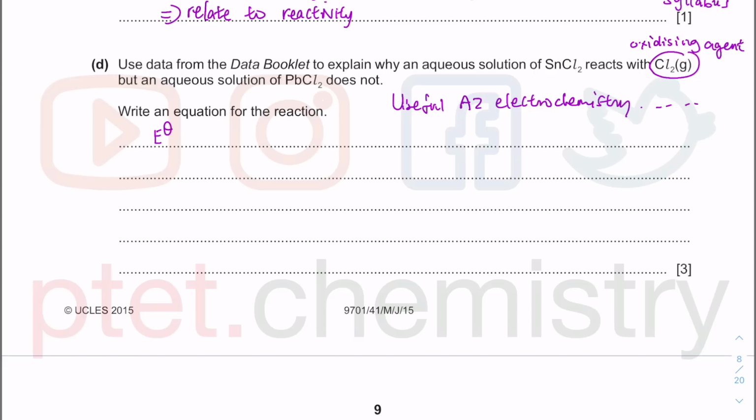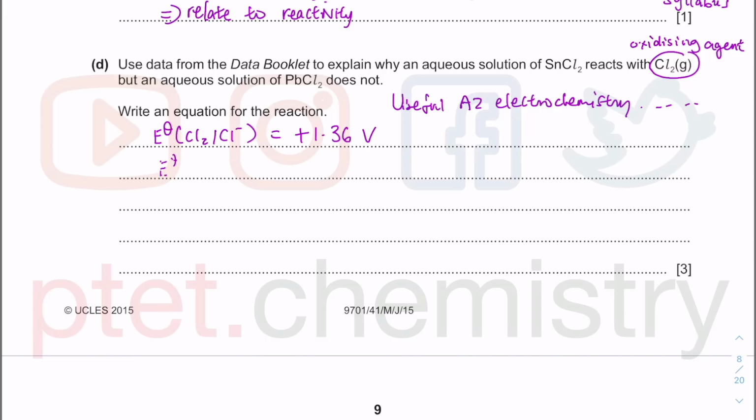If we look at the E0 value from the data booklet, Cl2 plus 2 electrons gives plus 1.36 volt. And then you are trying to use this as an oxidizing agent, oxidizing the Sn2+ to Sn4+. So we're looking at the Sn4+ on the left hand side, because everything in the data booklet, the E naught value, shows you reduction potential.